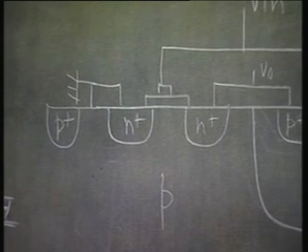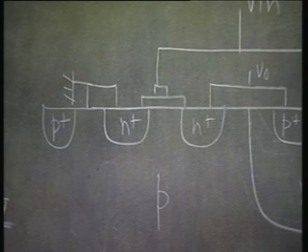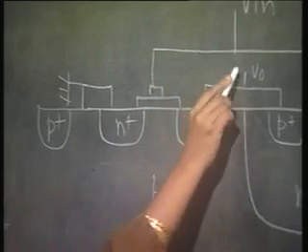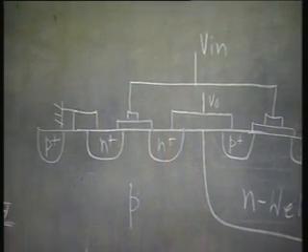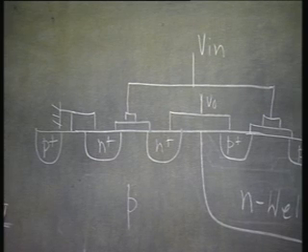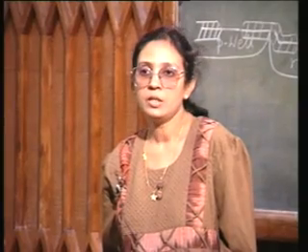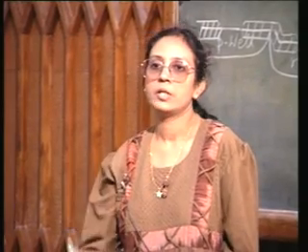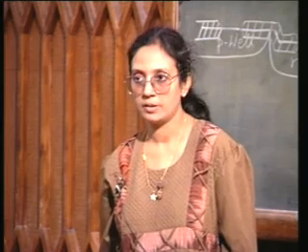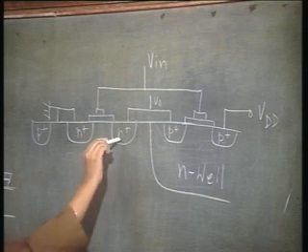Now, you see, because of the presence of a noise signal, this V output goes below the ground potential. Suppose because of a noise at the output terminal, you have a negative voltage spike appearing, so that this PN junction gets forward biased.